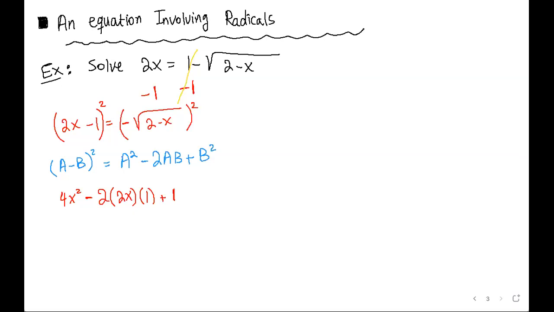So look here, the b without the sign, okay? So now equal, again here I square this side. Here I have minus, the minus squared is positive, so I get positive. The radical with the square cancel each other, so I get 2 minus x. Here I don't have to write the positive, so I can remove it.